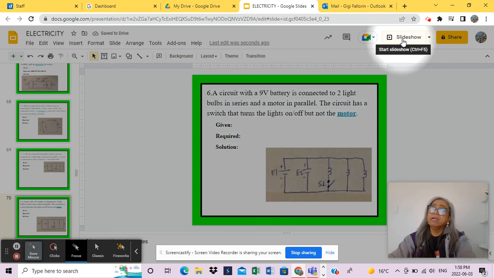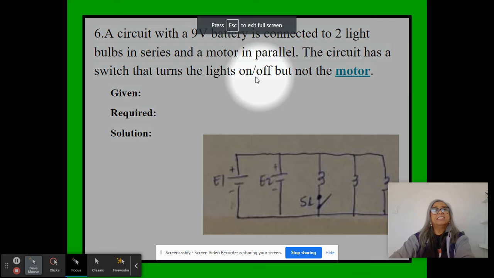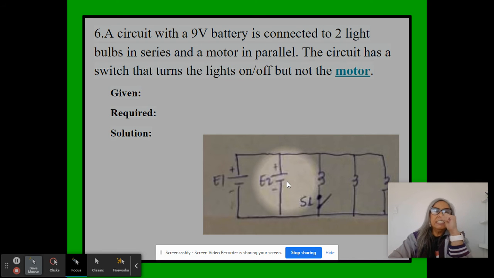Were you able to figure it out this way? In parallel, so I know that my battery is connected to two light bulbs, and the circuit has a switch that turns the lights on and off, but not the motor.